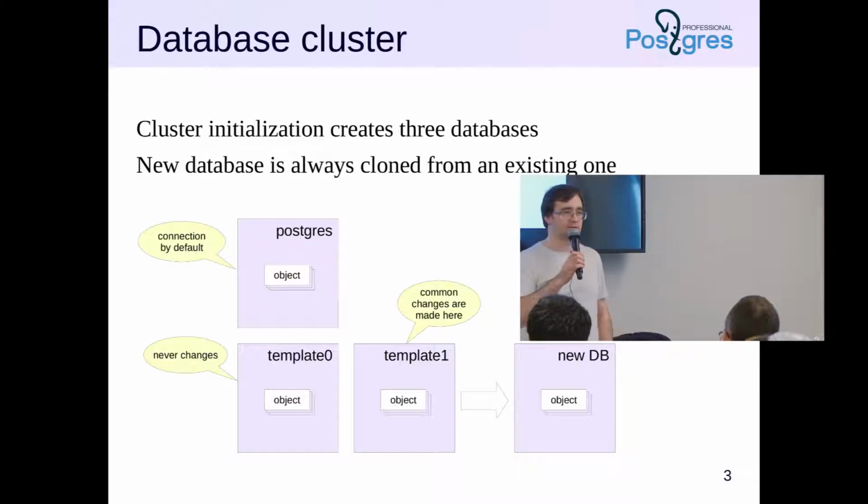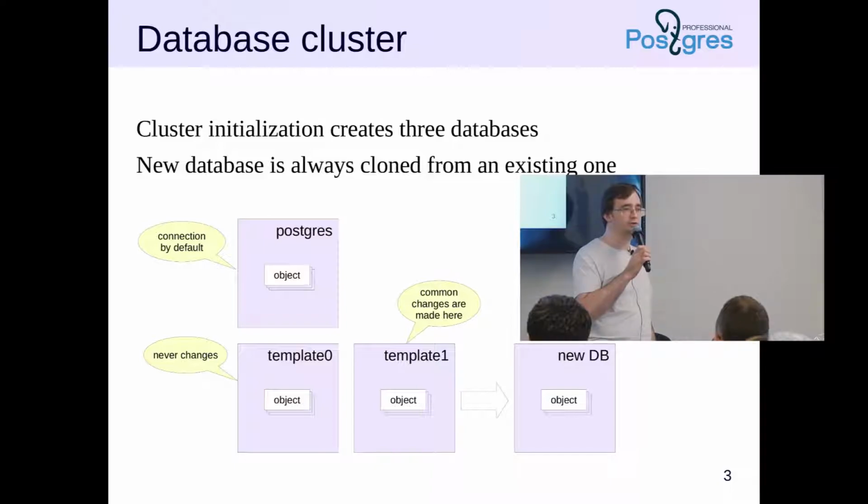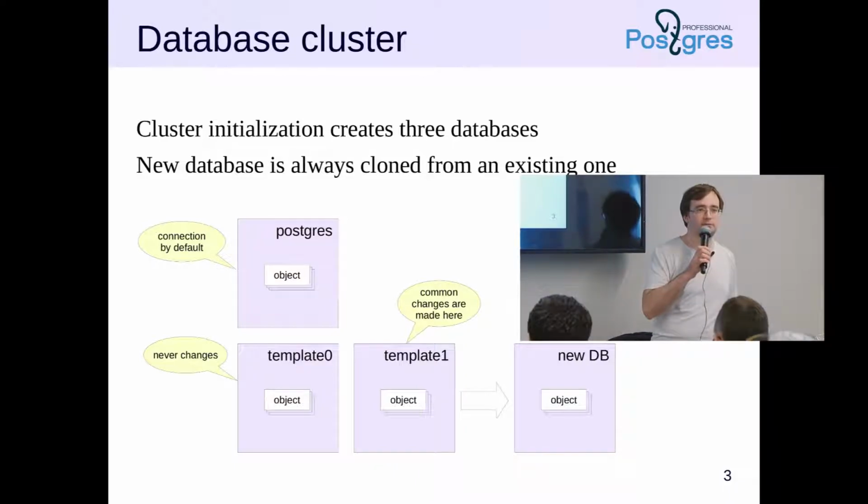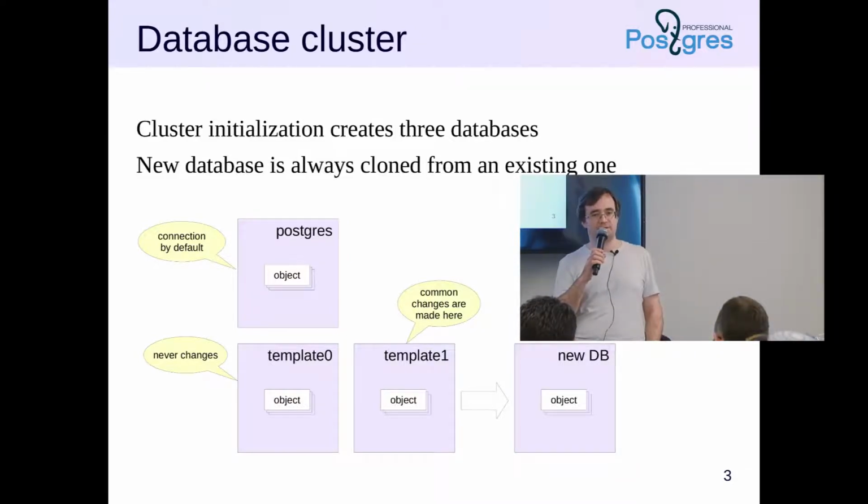But there is a utility called initdb, and you can run it manually and create what is called a database cluster. Cluster is a bad word. It has very many different meanings.